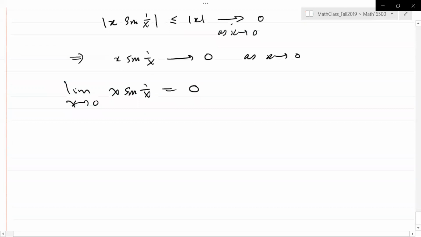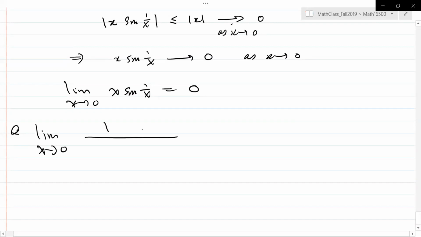Find the limit of sine x over x as x approaches 0.